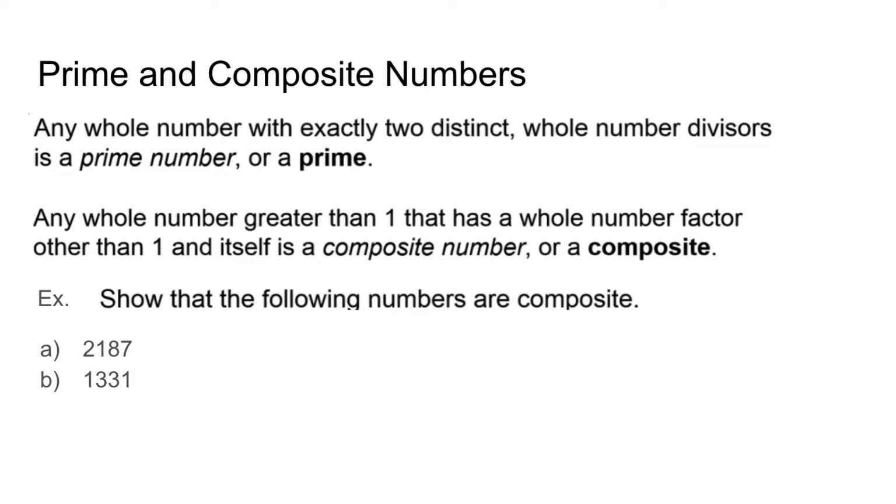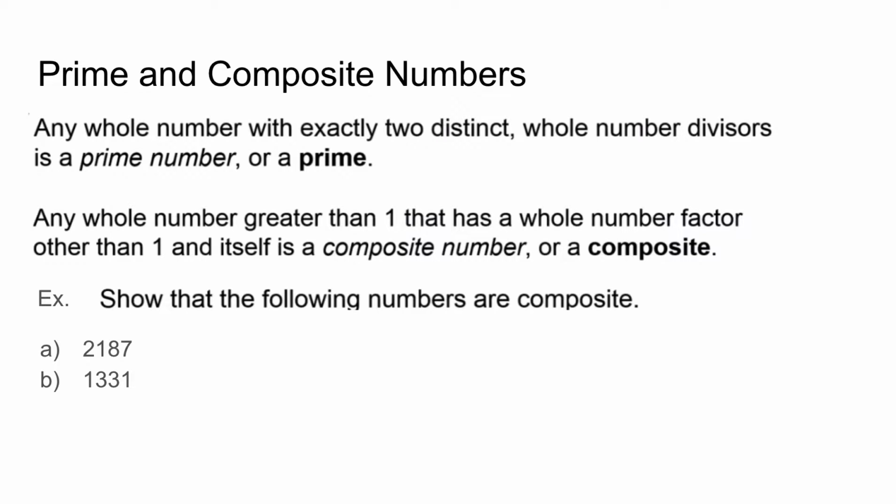For example, pick a number like 2. We can make only 1 by 2 or 2 by 1. So 1 and 2 are the only factors to make a product of 2. So 2 has only two distinct factors, 1 and 2. So it is a prime.